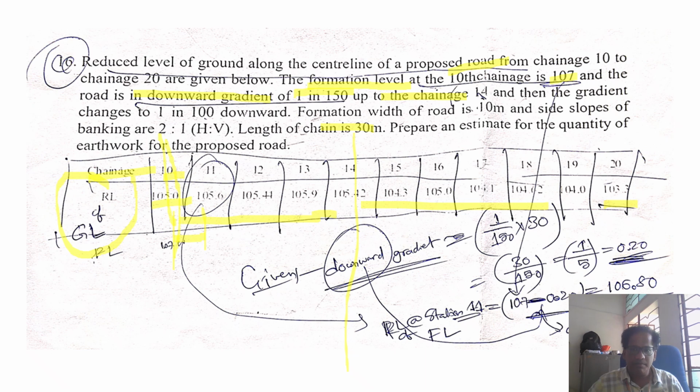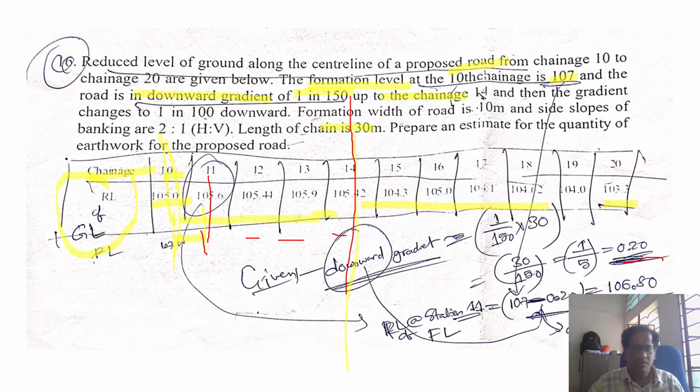So 107 minus 0.2, one can see that is 106.80. So this is the formation level at the 11th chainage, that is the second station. So minus 0.4, minus 0.6, minus 0.8, up to 14.